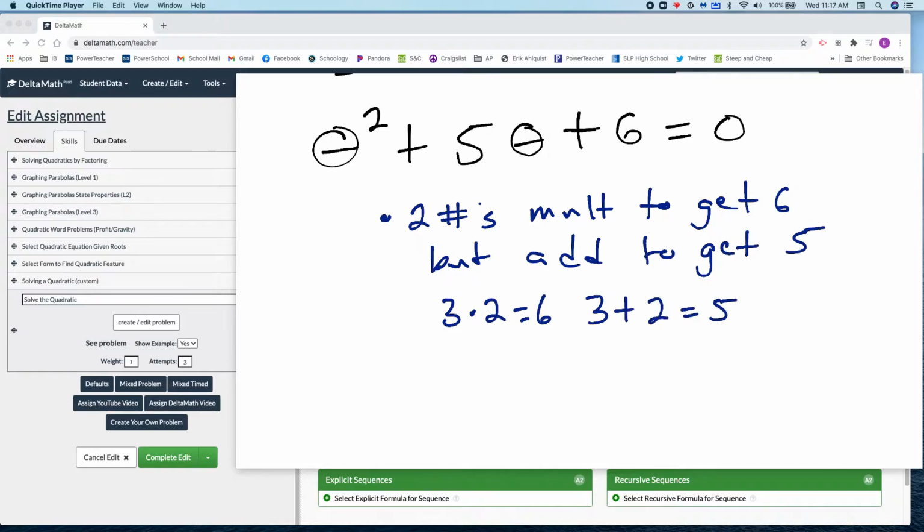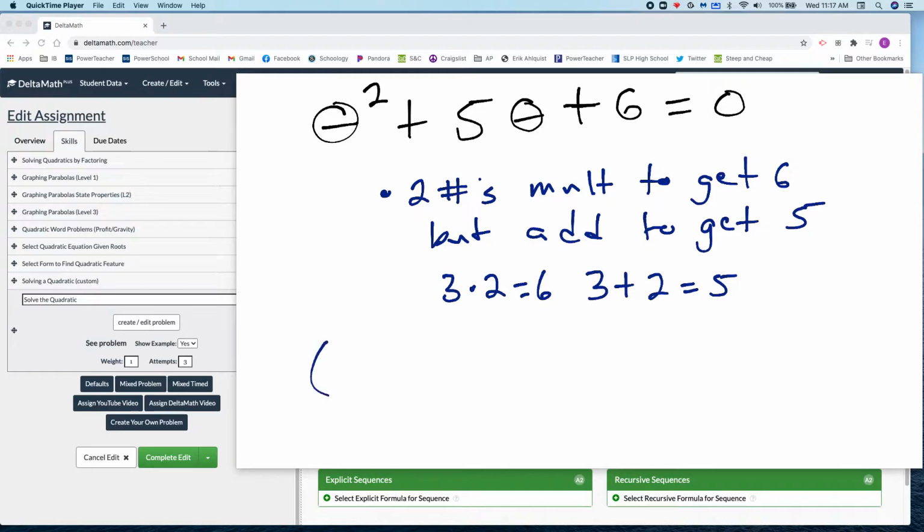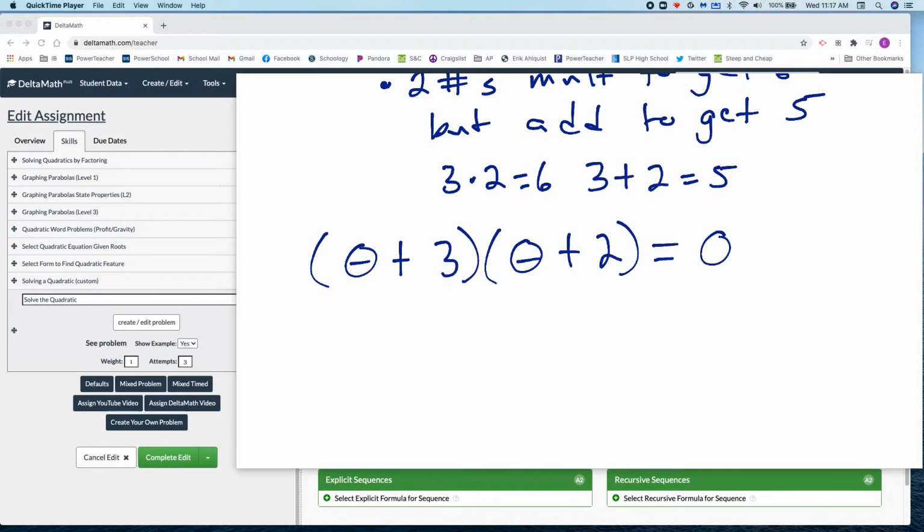So if we factor this first, we would write this as theta plus 3 times theta plus 2 equals 0. That means theta equals -3 or -2. And that's how you'd solve it.